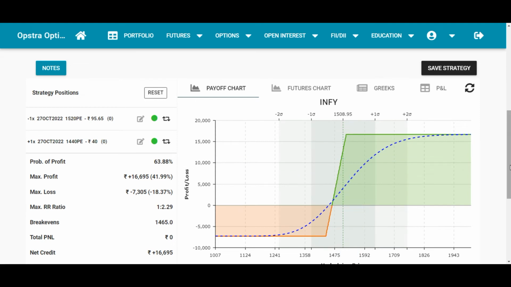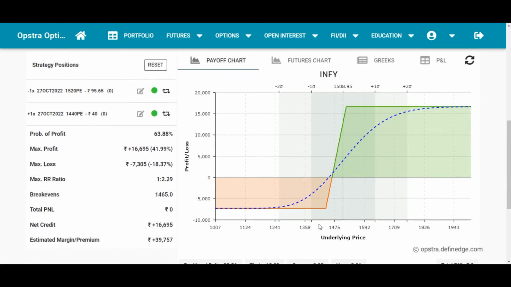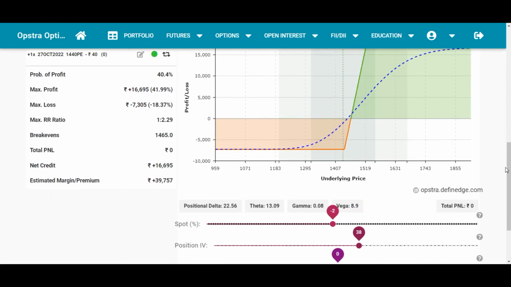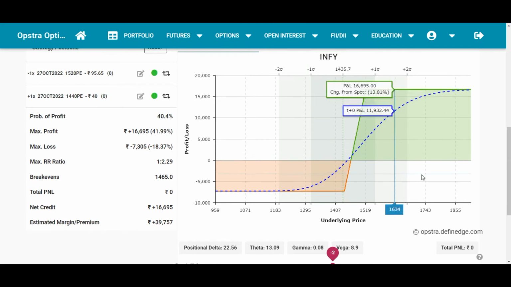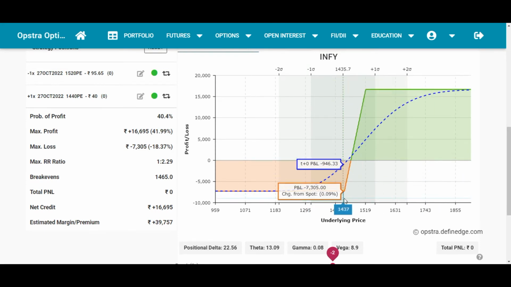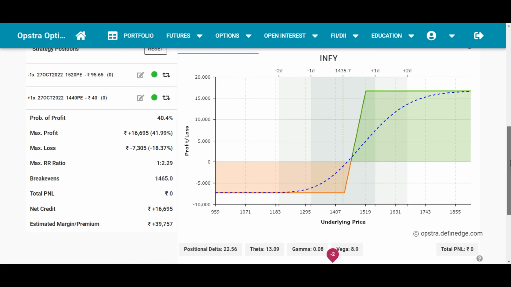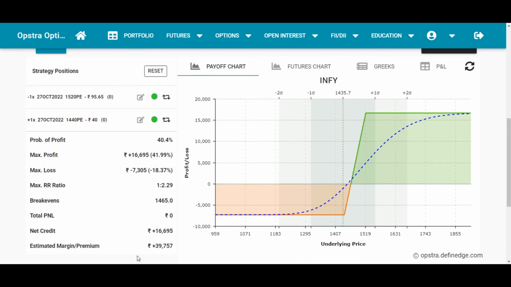And to do the adjustments here, first we need to see, suppose Infosys is trading at 1435 levels near the expiry, then there is a possibility that you will be making a loss of around 7,305 rupees. To do the adjustments, let us do a quick calculation.